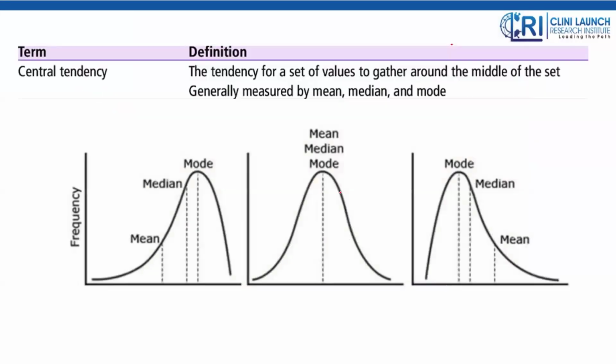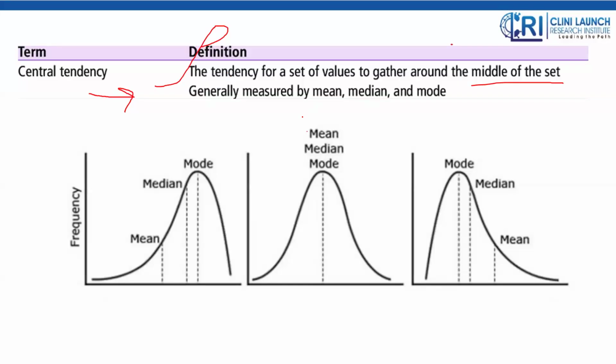So let us understand the central tendency. The tendency for a set of values to gather around the middle of the set is called central tendency. As the term indicates, central means in the center. Tendency means the tendency of how many values are lying towards the center.